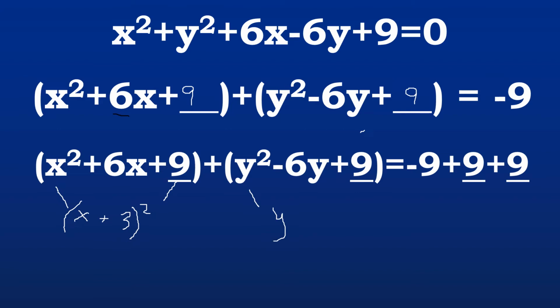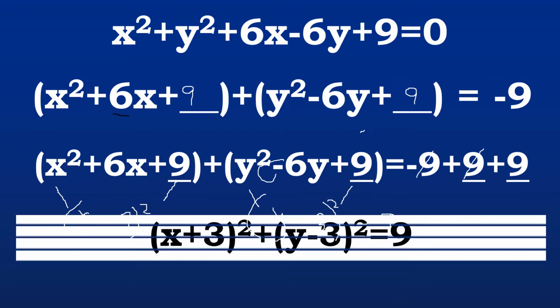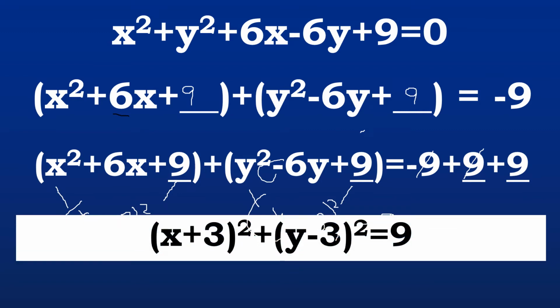Tapos, since minus to, so you have square root of 9 naman will give us 3 squared. And then, you add negative 9 plus 9 is 0. So, 9 na lang ang matitira. Check natin kung tama. So, you have x plus 3 squared plus y minus 3 squared is equal to 9.